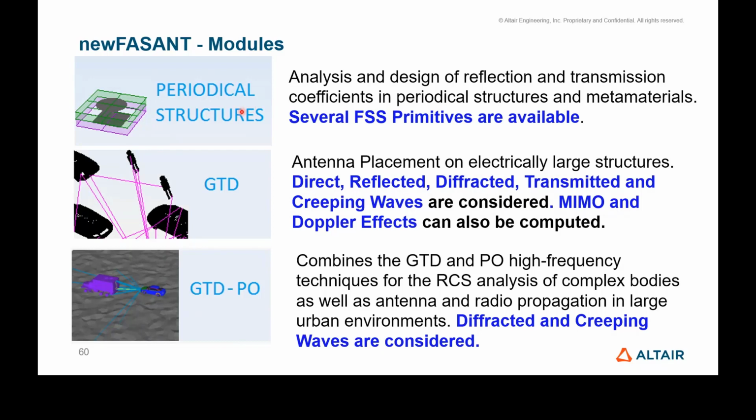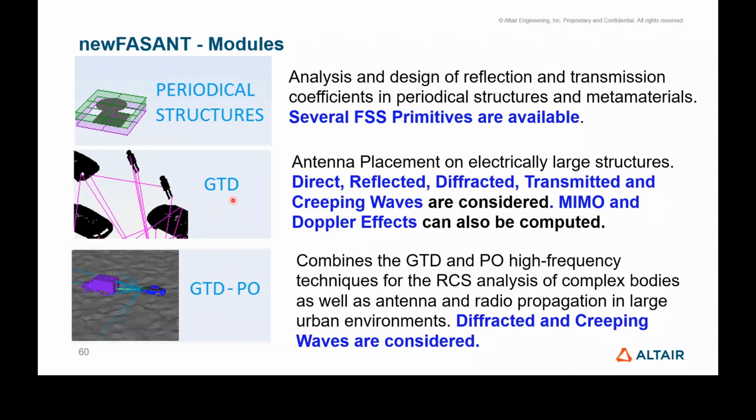Periodical structures, of course, this is the same as what we already have in Feko, but one thing I noticed is that in newFASANT there are FSS primitives that you can choose. You don't have to construct them, you can pick and choose, similar to our component library. We will most probably port all of them into Feko, so you'll have access to them in Feko as well.